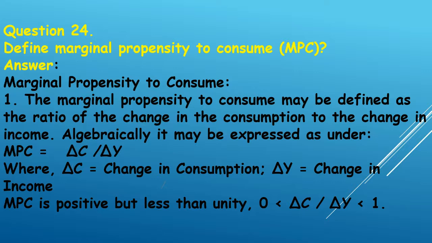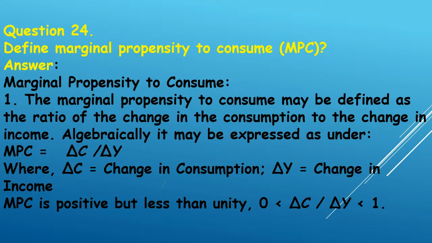Now, if one person is earning 10,000 and there is an increase in his income to 20,000, his consumption goes from 8,000 to something more. When he earns 20,000, he may spend about 15,000 on his consumption.